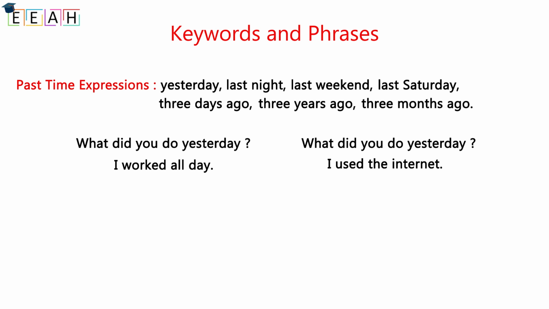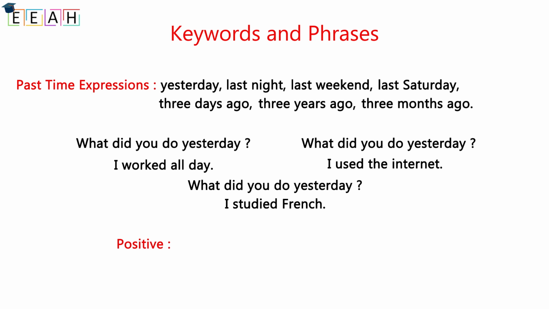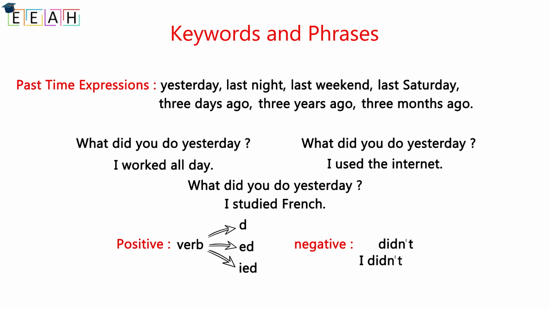I used the internet. What did you do yesterday? I studied French. When you form positive sentences, you either add a D or ED or an IED at the end of the verb. When you want to form negative sentences, you negate the sentence with didn't. So you say, I didn't help.